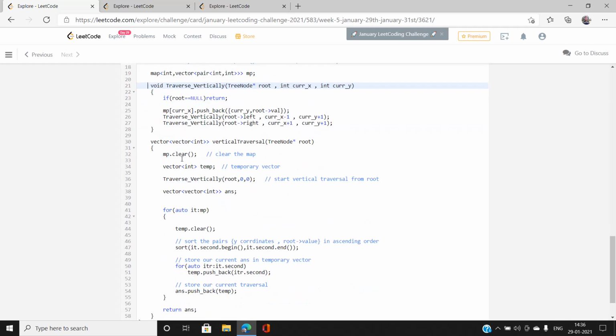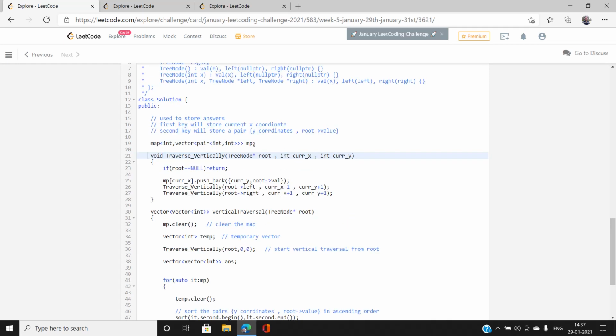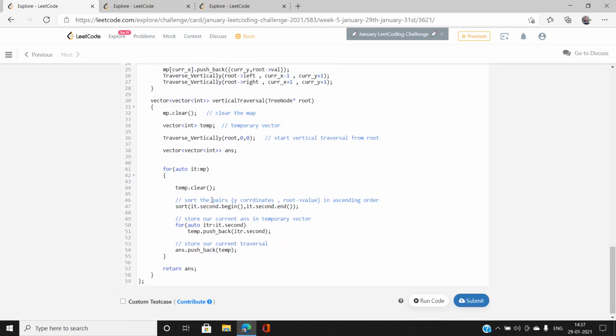Now when all these steps have occurred, our map is going to store the answer. We are going to traverse the map, and the map is already sorted in increasing order of the current x coordinate, because a map stores keys in increasing order.